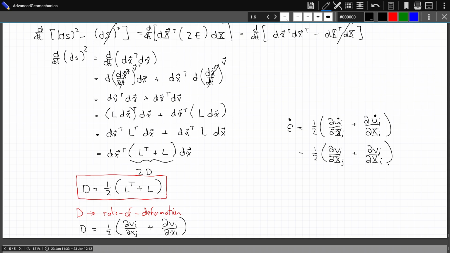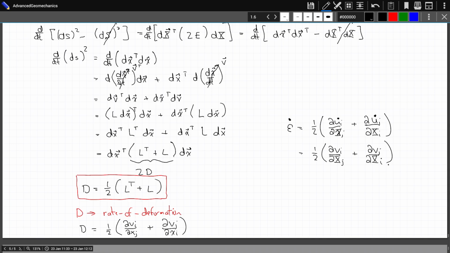If you look at these two equations, this was derived completely with finite deformation quantities, while this is the infinitesimal strain, and essentially they're the same thing, except this technically is in the current configuration with respect to little x. In infinitesimal strain there's no delineation. We write big X because that's our reference configuration, but in small strain it's one configuration.